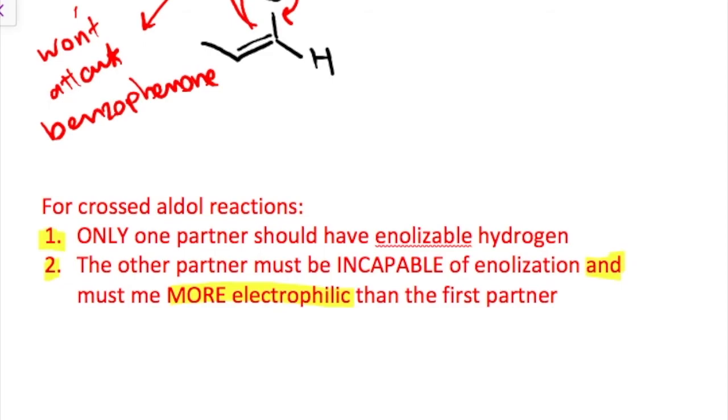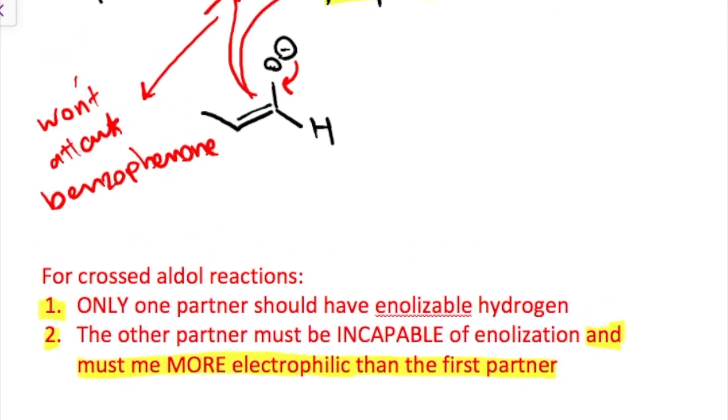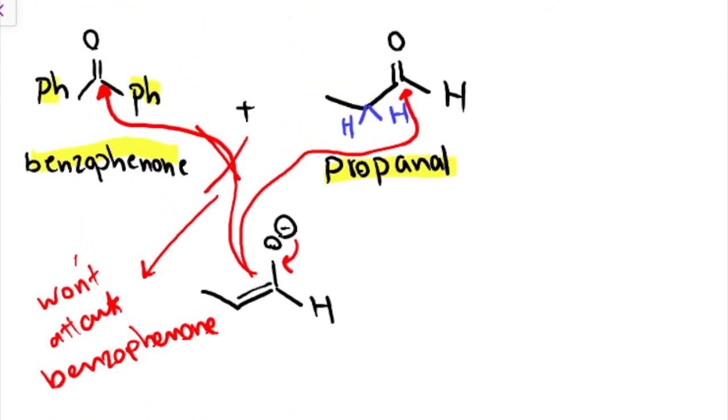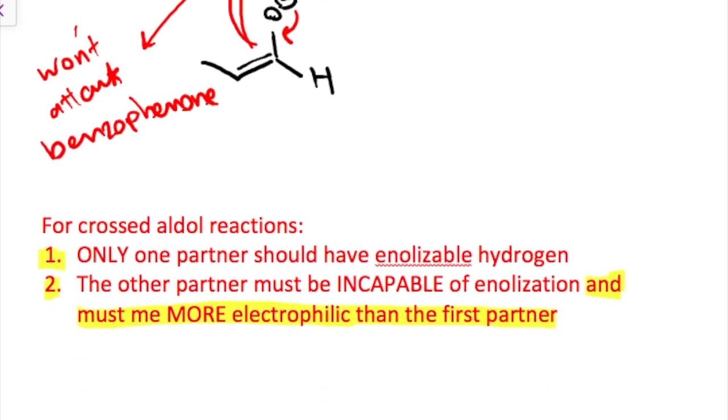This second one is sometimes easy to forget, but it's very important, because if it's not satisfied, then the mixed or cross-aldol reaction will give you either a mixture of products or unwanted products. So in this case, for example, we wanted this enolate to attack the ketone, but it's not going to do that and gives us the unwanted product. So this is very important.